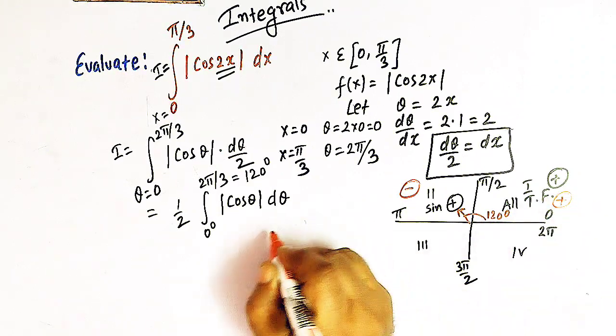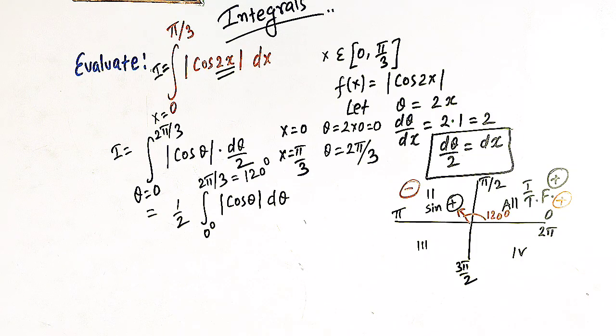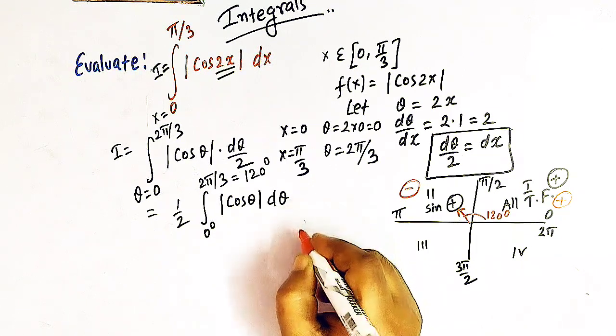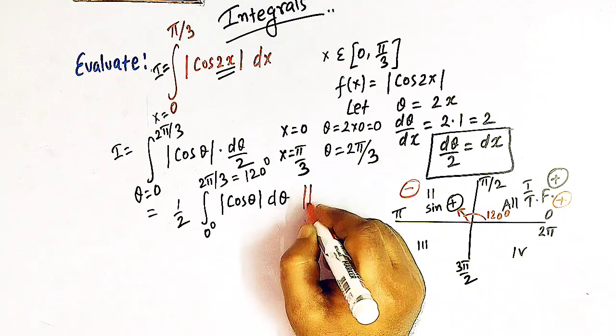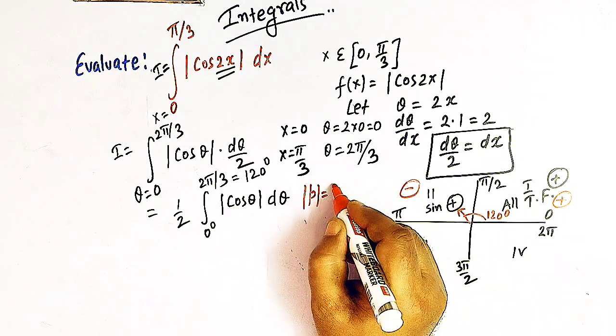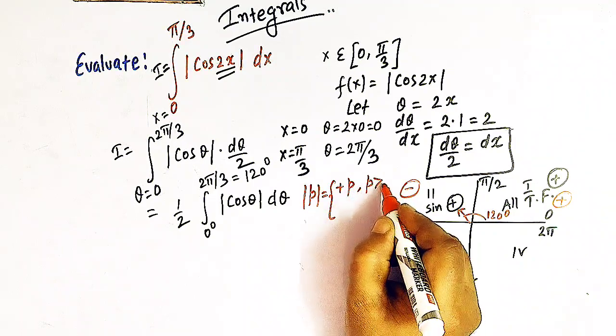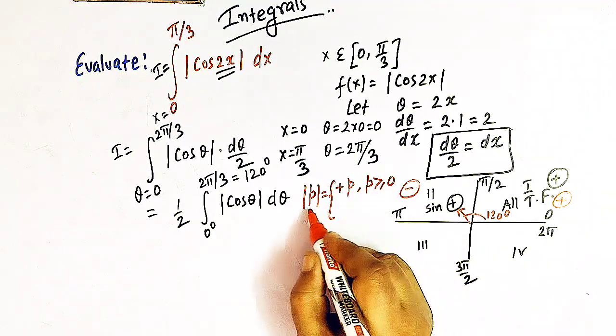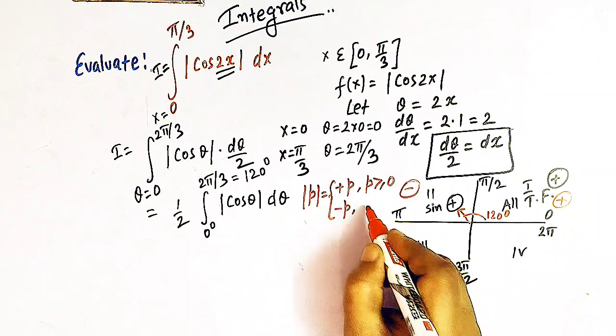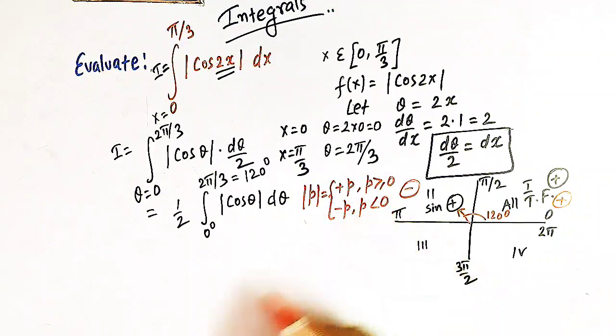So we can now use the definition of the absolute value function, which says that mod of p is equal to p whenever p is greater than or equal to 0, and mod of p is equal to negative p whenever p is less than 0.